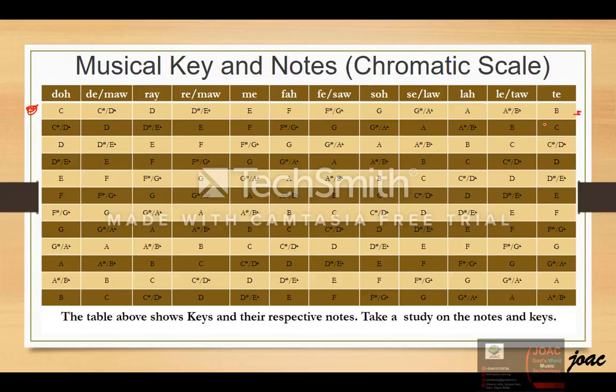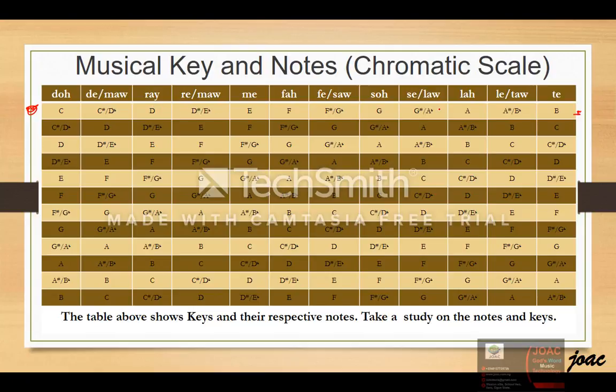We said earlier that our key is just like a starting point. So we have the starting point, then we put our notes on the other keys as we move up. So we have C carrying Do, then C sharp carrying Di, but if you are using D flat, it's the same thing, that's carrying Ra. Then we have Re for D and the like.